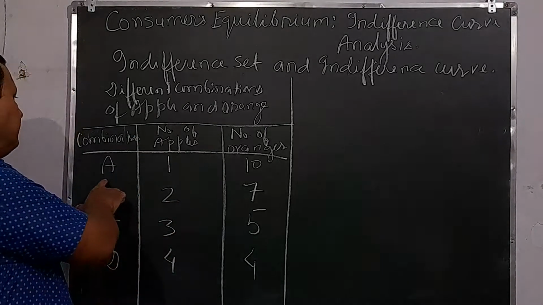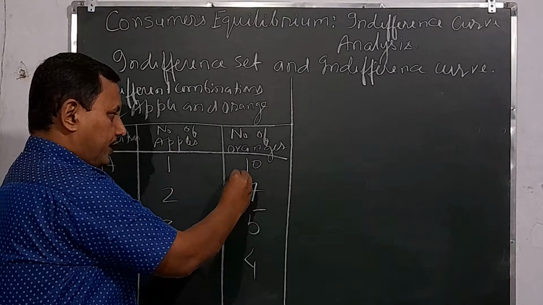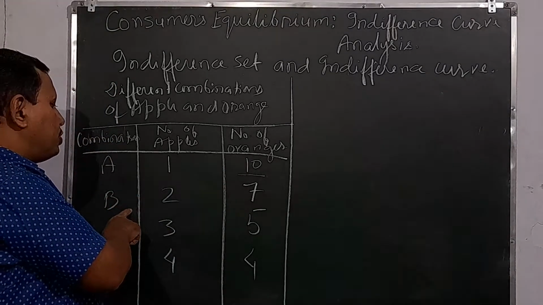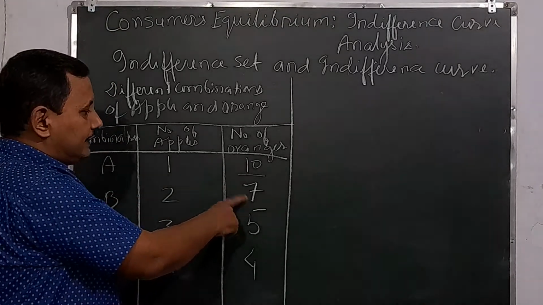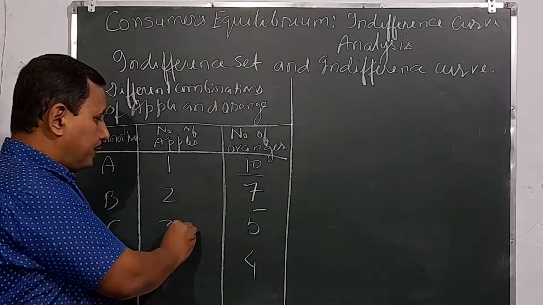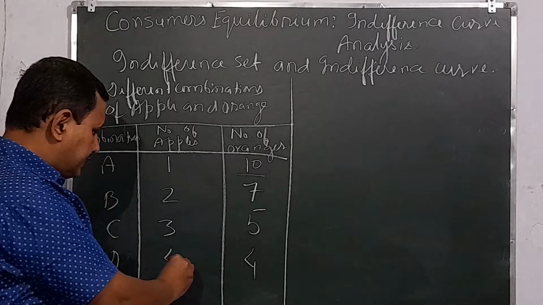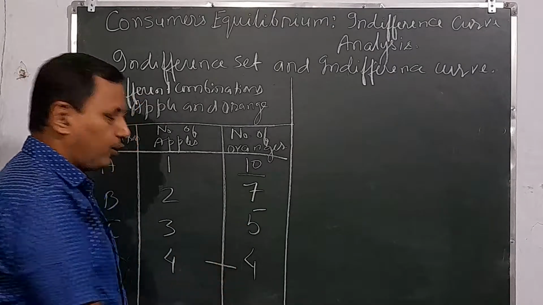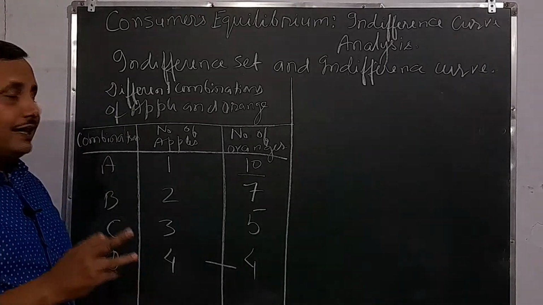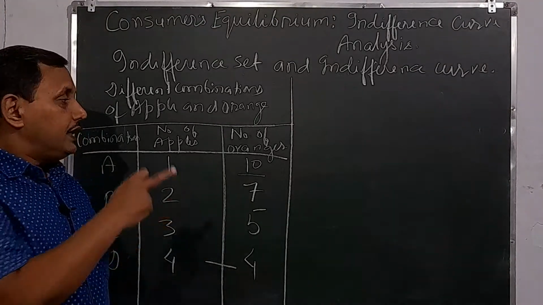In the first combination, the consumer is consuming one apple and 10 oranges. In the second combination, he is consuming two apples and 7 oranges. In the third case, he is consuming 3 apples and 5 oranges. In the fourth case, he is consuming 4 apples and 4 oranges. We have taken these combinations in such a way that the satisfaction derived by the consumer is equal in each set.